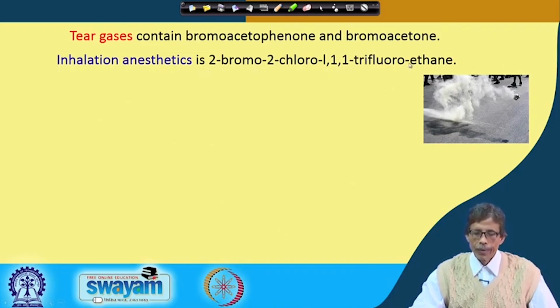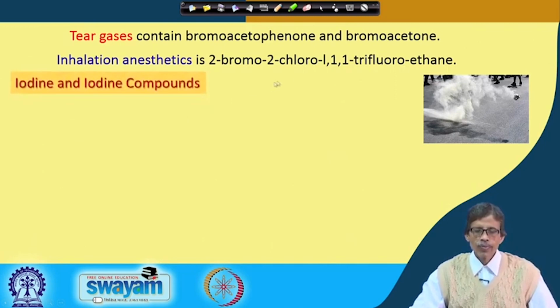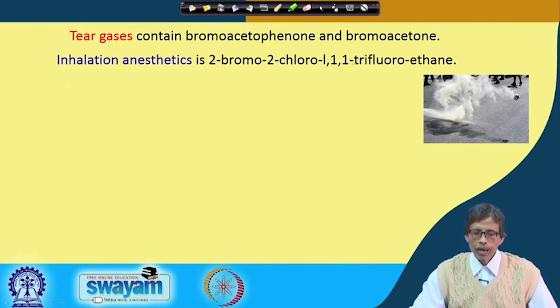which is 2-bromo-2-chloro-1,1,1-trifluoroethane. So, fluorine is there, chlorine is there, and bromine is there. It is a little bit complicated molecule, and it is very important, because we are talking about the halogens after fluorine and the use of bromination.